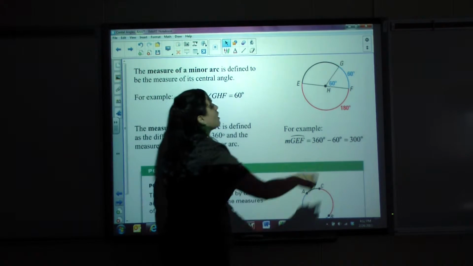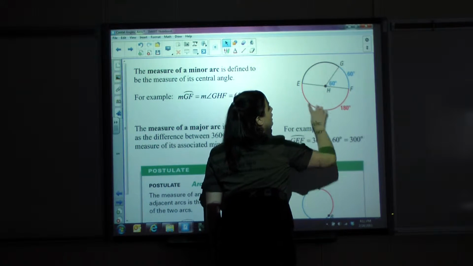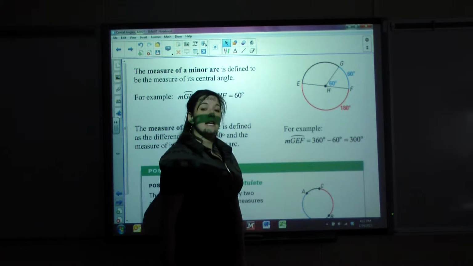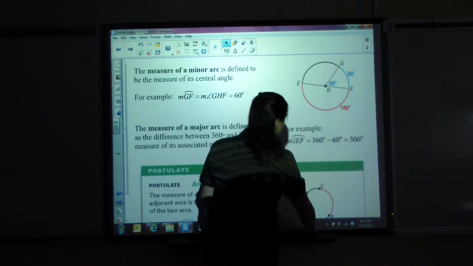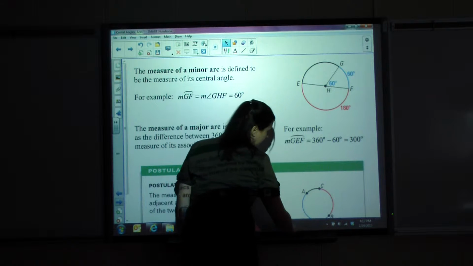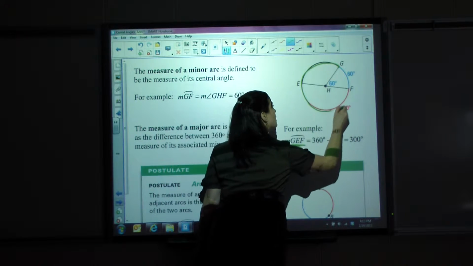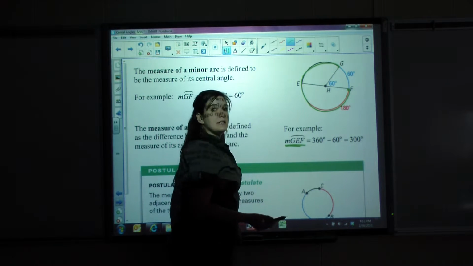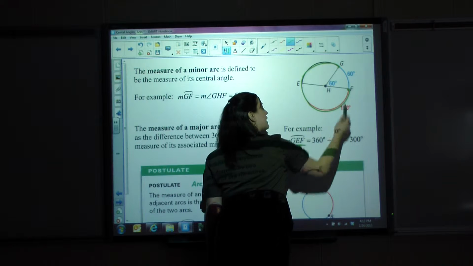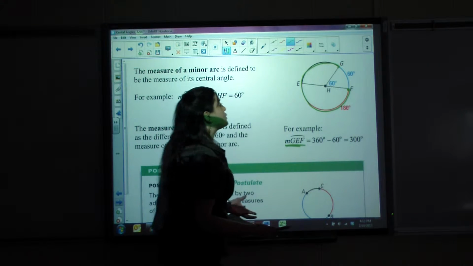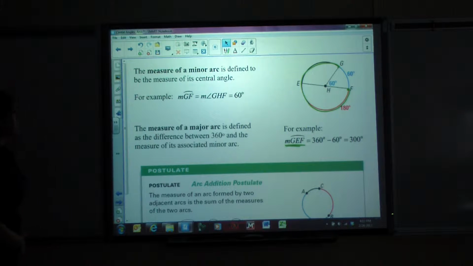If you're looking for major arcs like arc GEF, what we would actually do is simply take 360, which would be the whole circle, and subtract this minor arc that we're not including. So to find major arcs, we are usually subtracting from 360.